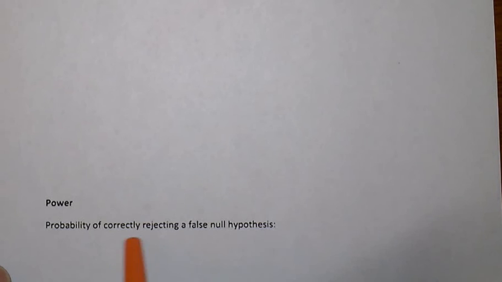That's a useful concept, right? We're not only interested in correctly accepting the null hypothesis, but we're also interested in the probability of correctly rejecting a false null hypothesis. And again, there's this whole notion that you have to somehow balance between alpha and beta. If you drive alpha down, drive the type 1 error probability down, you're going to increase the probability of a type 2 error. And so you have to balance between those two.